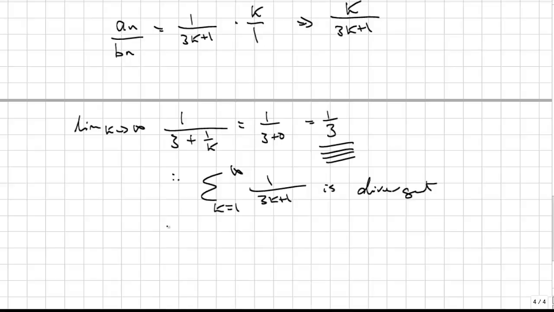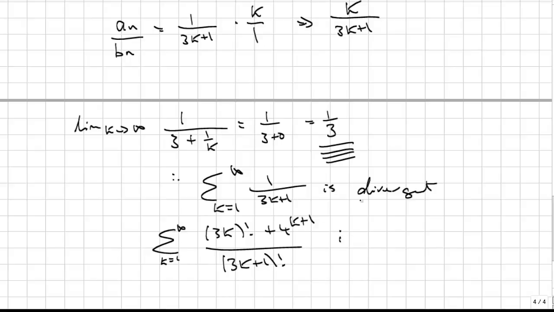So therefore the given summation this time, which was this, is divergent.